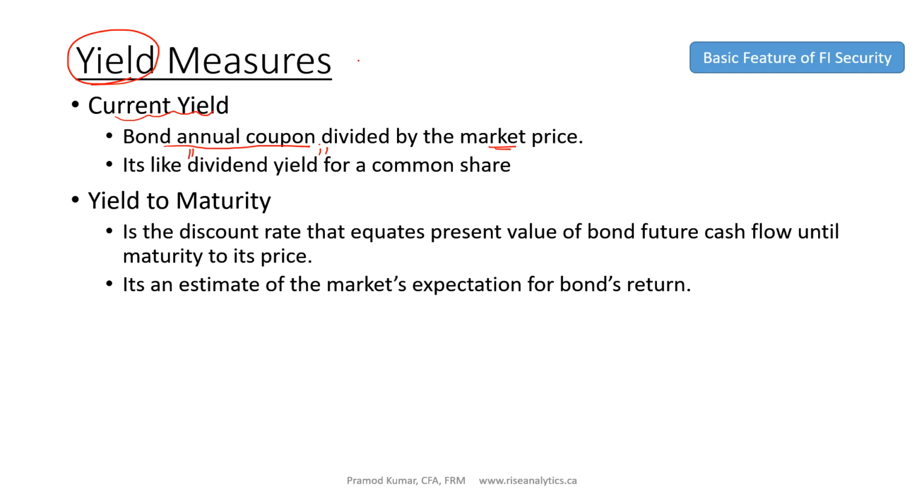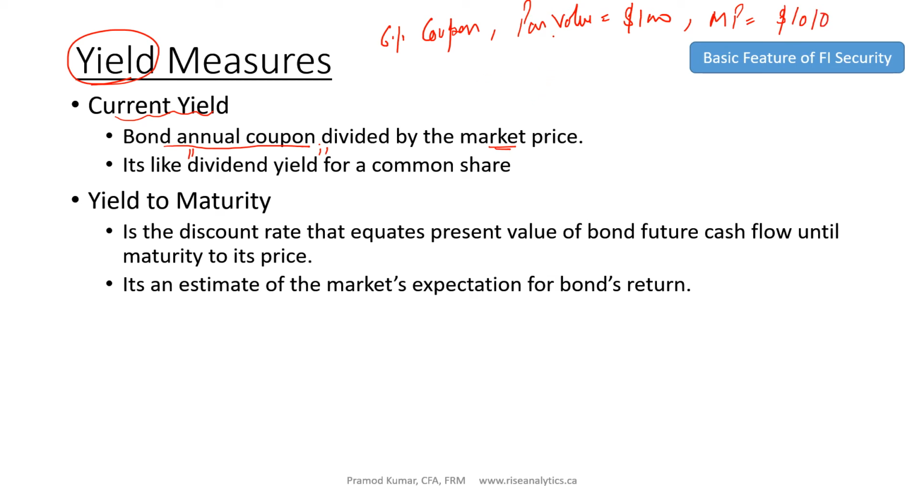For example, if we have a 6% coupon and its par value is $1,000, right? And the bond is trading in the market at $1,010, right?